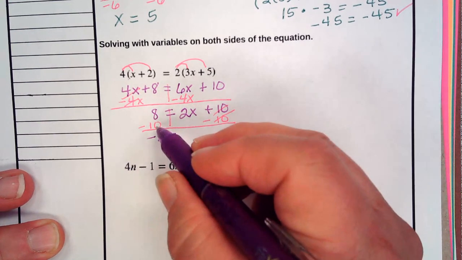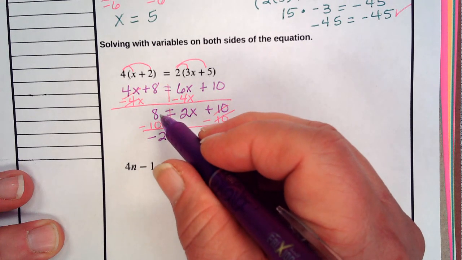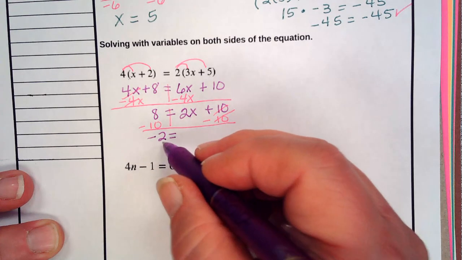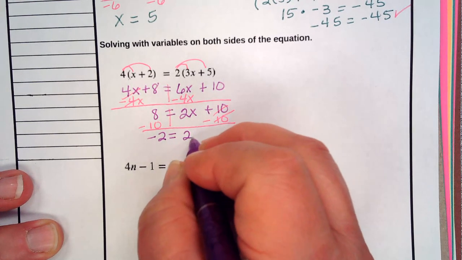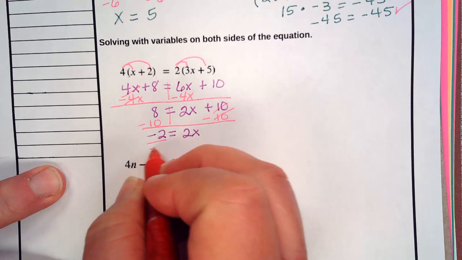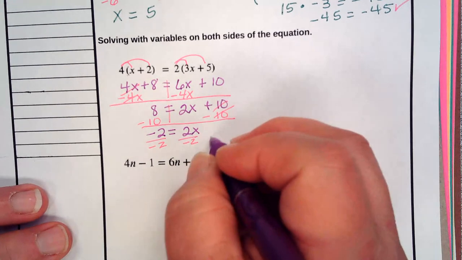Or, if they're opposite signs, find their difference. 10 minus 8 is 2. Keep the sign of the larger one, which is -10. So it's -2. -2 is equal to 2x. Divide by 2. And x is equal to -1.